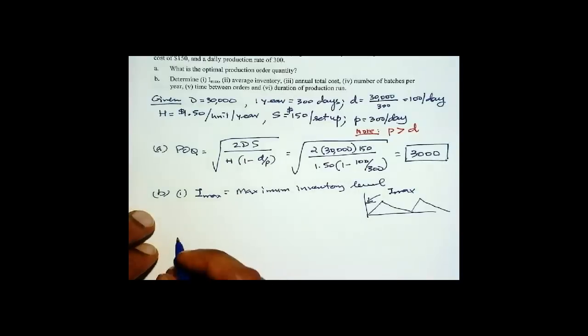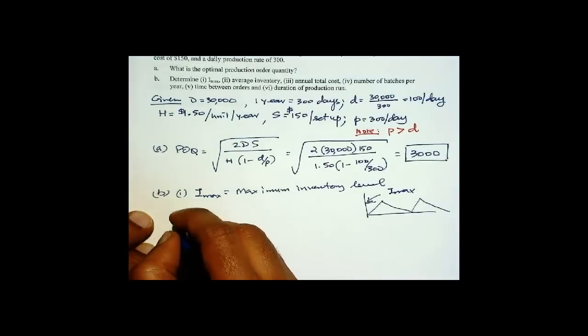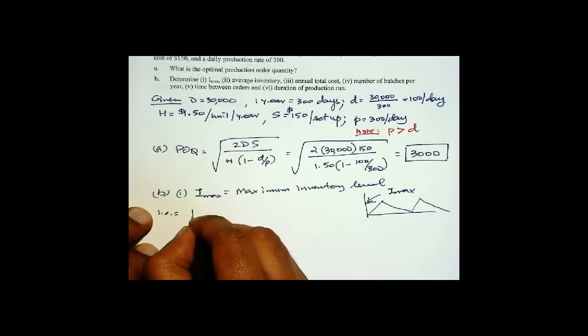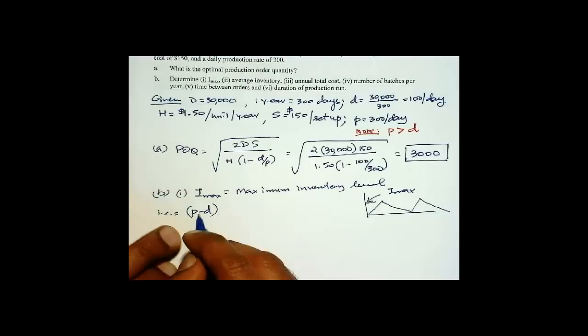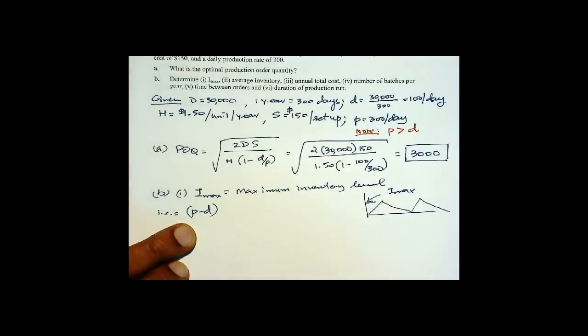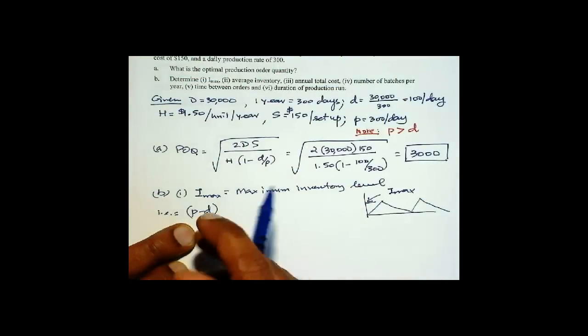So that is given by P minus D. So that is the rate at which inventory will go up. P is the production rate, the rate at which inventory is coming in. D is the rate at which inventory is going out.